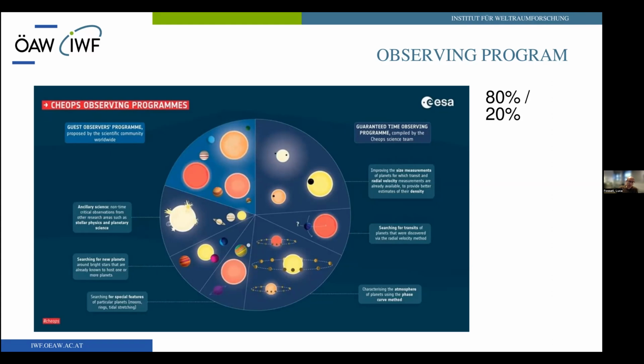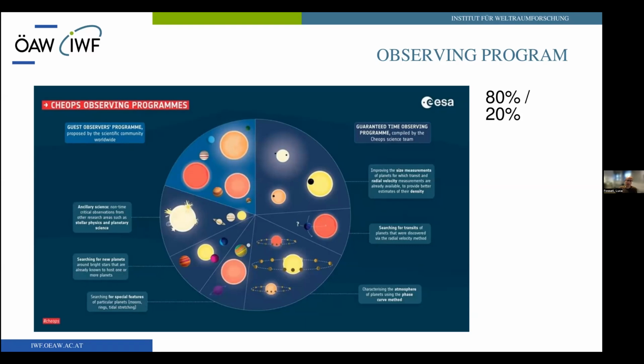Then we have another part of the program that looks at special features of planetary systems, like looking for moons and rings, or tidal deformation of the planets, or, for example, tidal decay in the orbit of planets. And we have another program that looks for new planets, or other peculiar features like exocomets, for example.